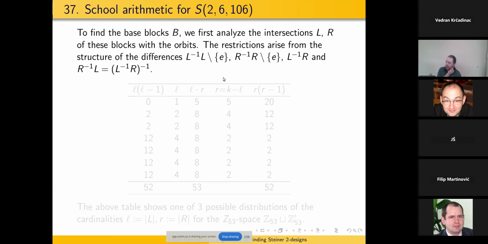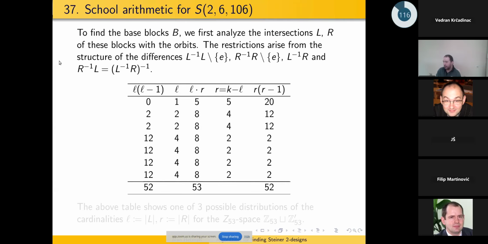As you can see, this is very similar to the differences on groups that I introduced previously. It is just a difference of the left action of the group, and the same for everything else. You can also see that this last difference is just the inverse of this one, which means that one of them can be dropped.